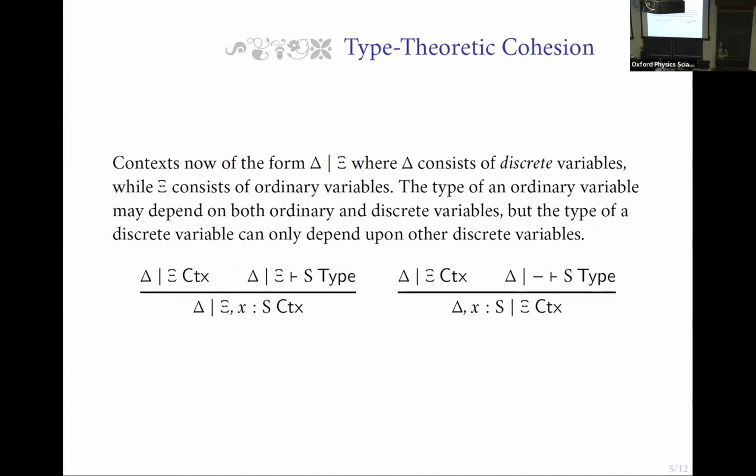You can use each variable in the same way, but when you go to extend a context with a discrete variable, its type has to depend only on other discrete variables in the context. And so that's how we can enforce this restriction.